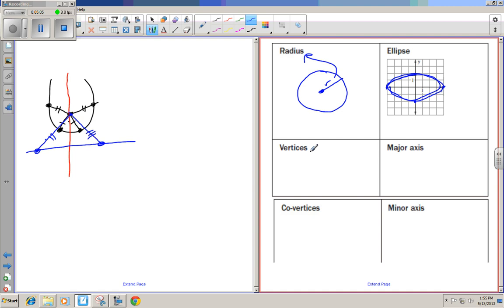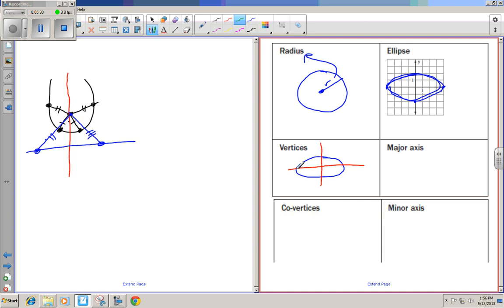Vertices. There are vertices and there are co-vertices. The vertices are where the ellipse passes through the major axis. Basically, if you want, draw an ellipse again. Draw the coordinate plane through here.